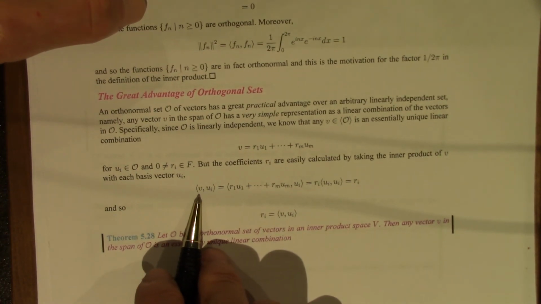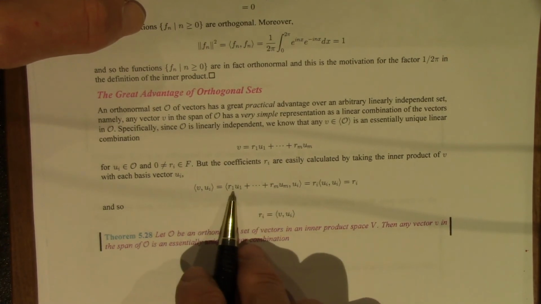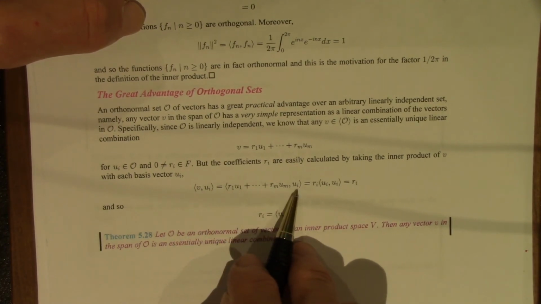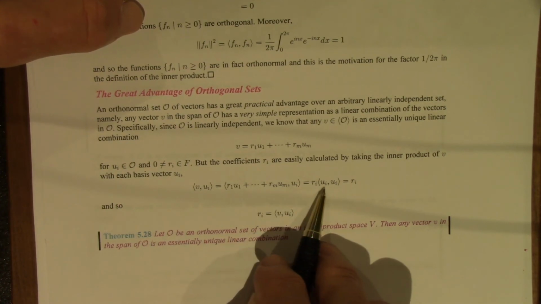We just take our vector v, take the inner product with u sub i, it's this expansion, and as we've seen already, all the terms go away except one.